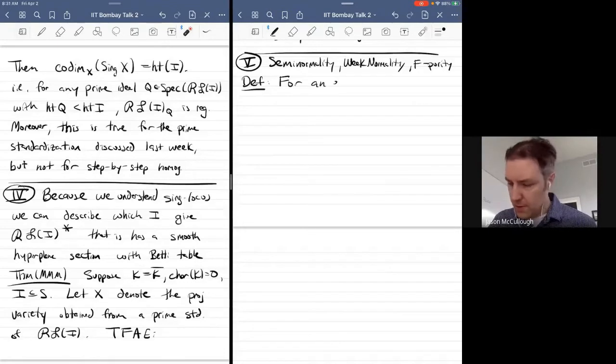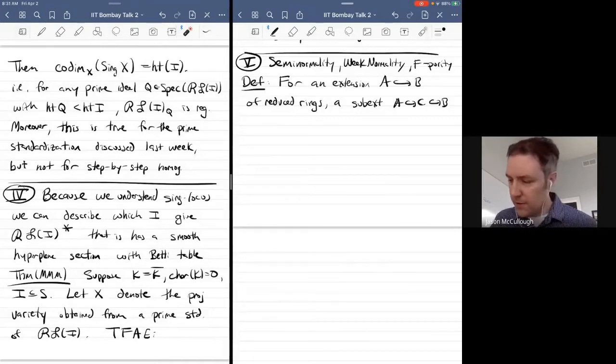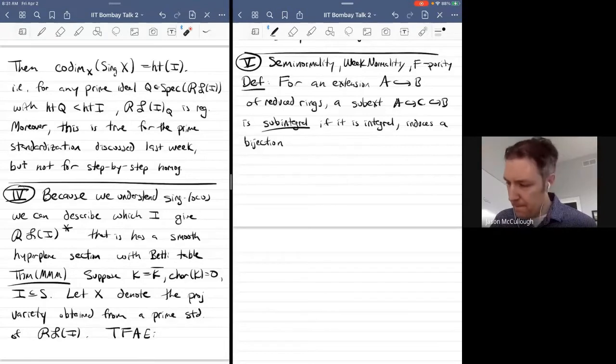So for an extension of rings, say A to B, reduced rings, a subextension, say A includes in C into B, is called subintegral if it is an integral extension, if it induces a bijection on prime spectrum, and it induces an isomorphism on residue fields at all points.